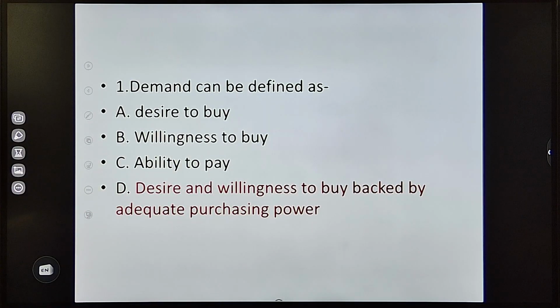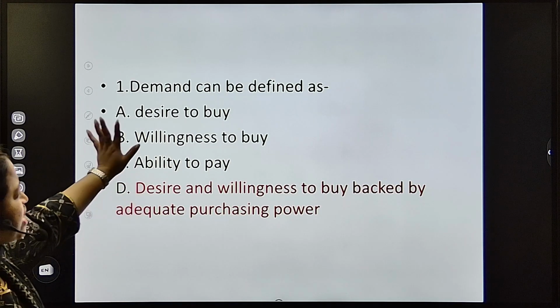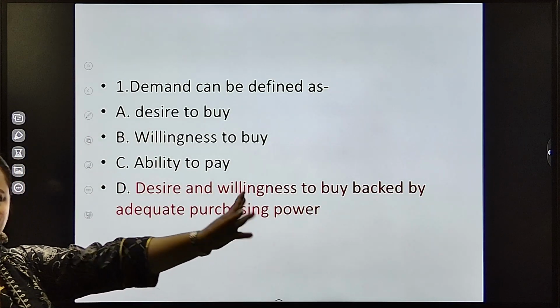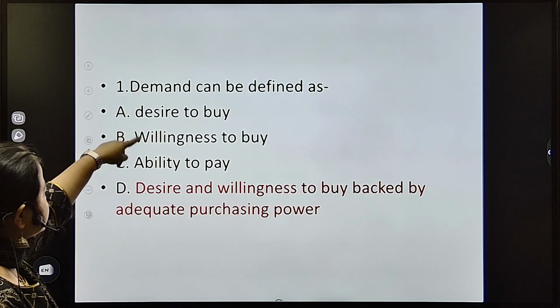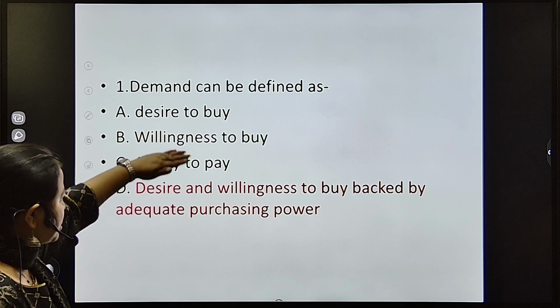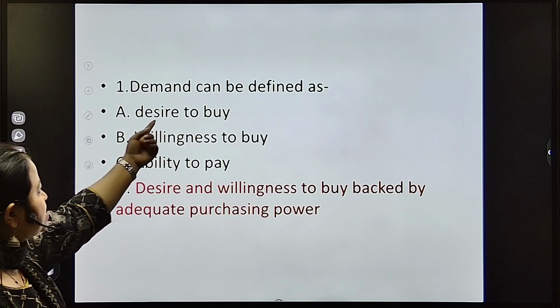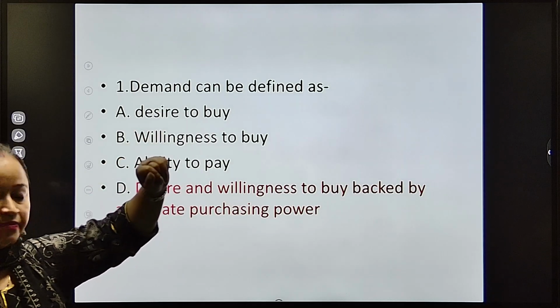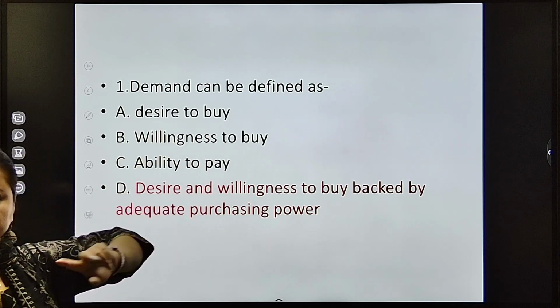So the options are confusing, right? So here the right option is D. You need to remember, if only some of these options are given, and any one is given, you can click it. If desire to buy is given, that is also demand. Willingness to buy is also demand.